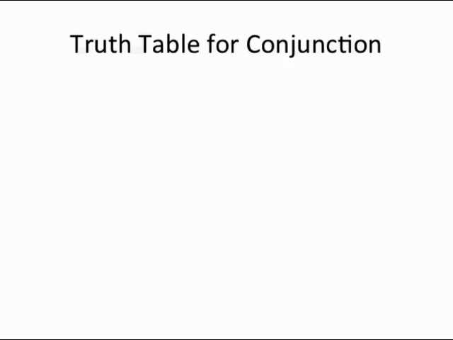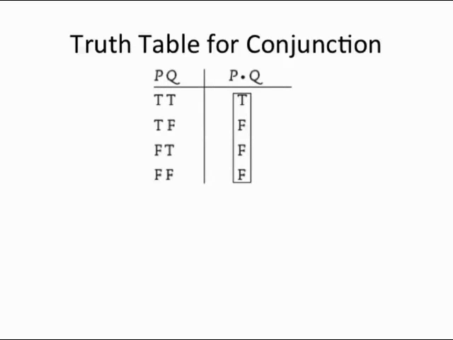Here's the truth table for conjunction. Notice that it has more rows, 5 when we include the header row. On the left, the header row contains our conjuncts P, Q, and on the right, the conjunction itself, P.Q. The 2 columns on the left beneath the header row give us all possible combinations of putting P and Q together in a binary logic, that is, a logic with just 2 values, namely true and false.